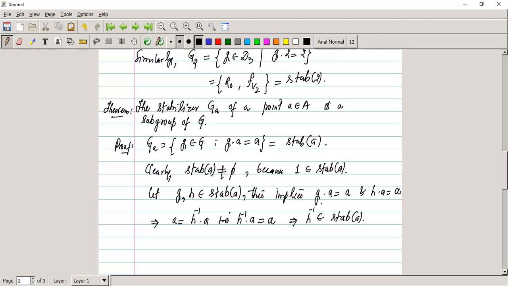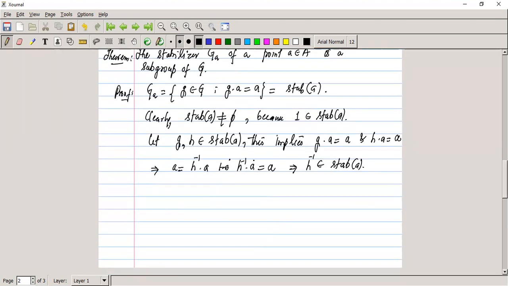So in fact we can also see that g⁻¹ also belongs to the stabilizer of A, but we are in a process of proving that the stabilizer of A is a subgroup. So actually we need to show that gh⁻¹ must belong to the stabilizer of A. So now let's see what gh⁻¹ does to the point a. Now gh⁻¹ of a.